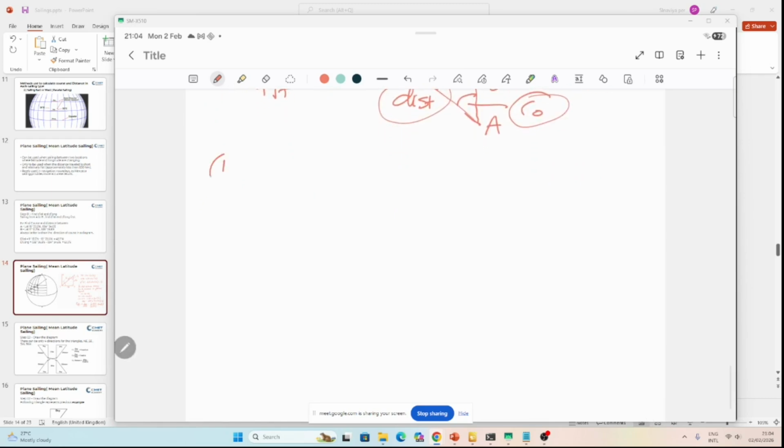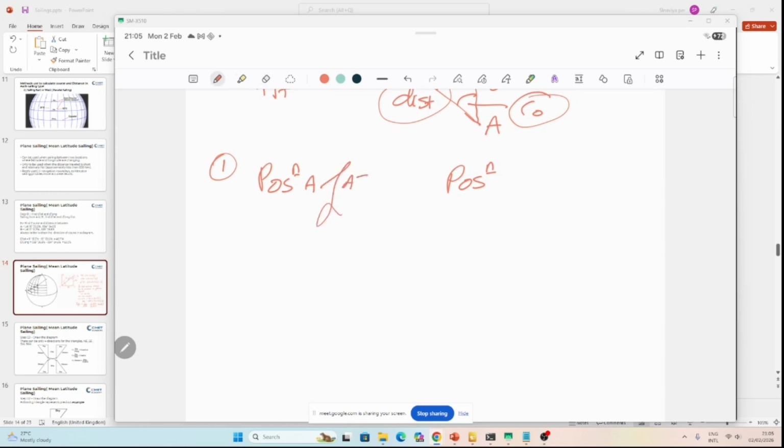The first sum. Vessel A in position A is 10 degrees north, 20 degrees east. Position B is 25 degrees north, and, okay, let me draw it properly, otherwise you will be making mistakes.